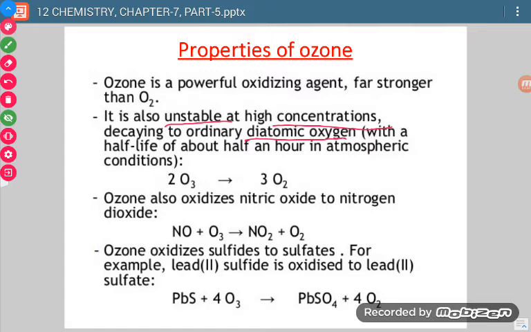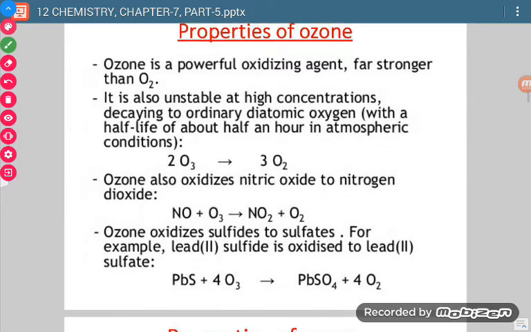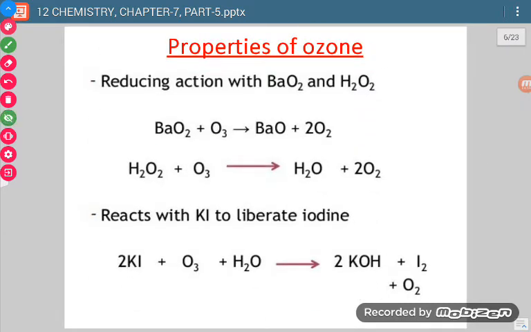It also oxidizes nitric oxide into nitrogen dioxide. Since it has oxidizing nature, it changes sulfide ores into sulfate, just like lead sulfide changes to lead sulfate when it reacts with ozone.